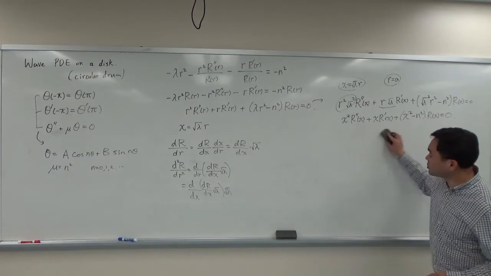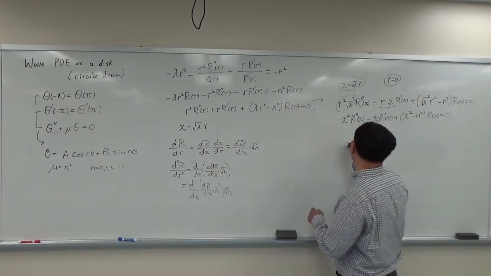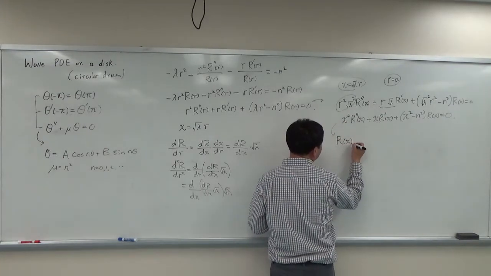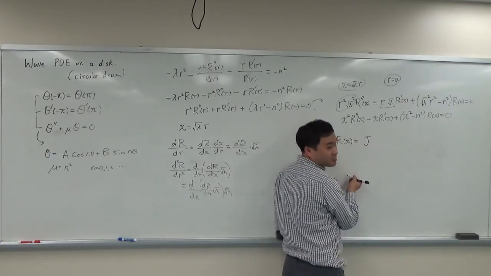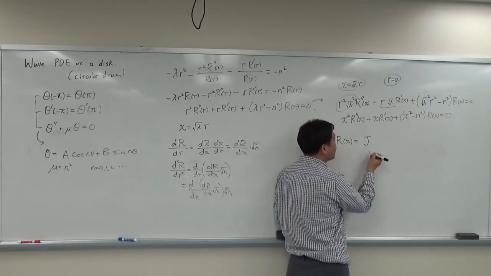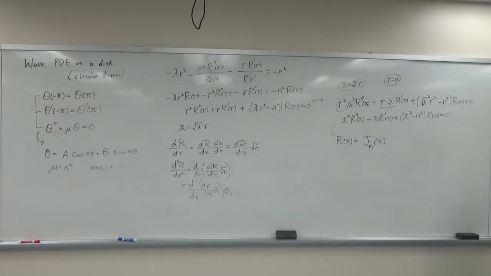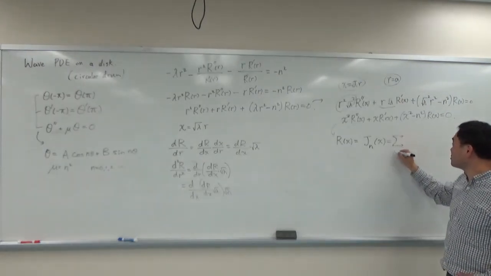But anyways, we did the hard work already, so let's write down the solution. So what's the solution for R then? It's the Bessel function of order n. And if you insist, we can actually write down the explicit formula for it too, although you don't need it.